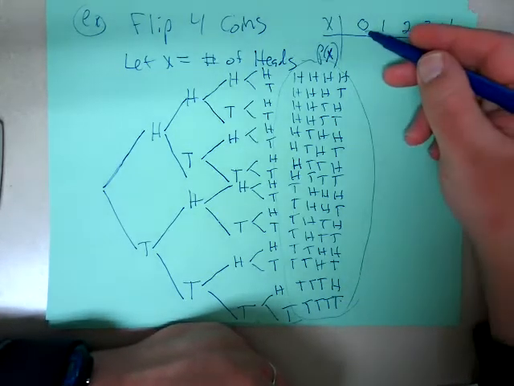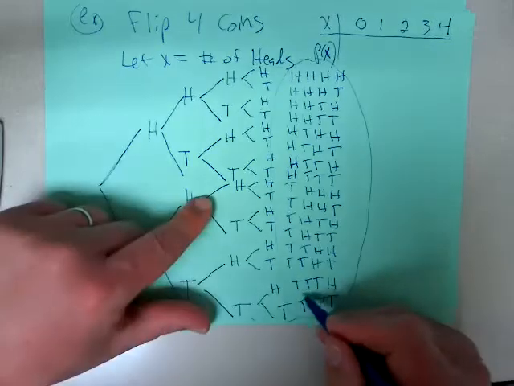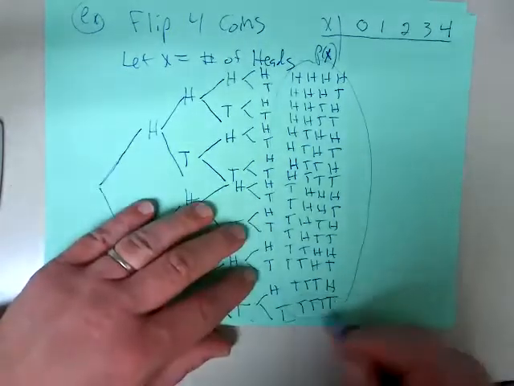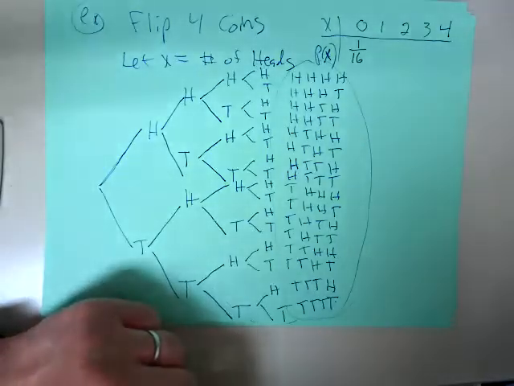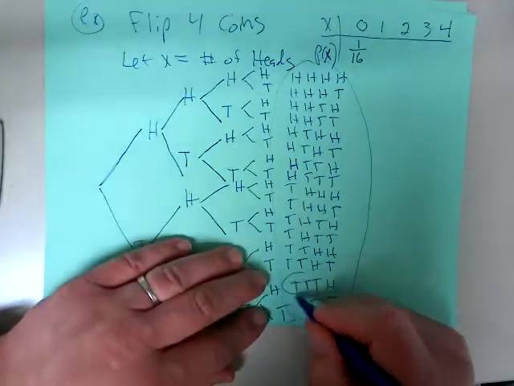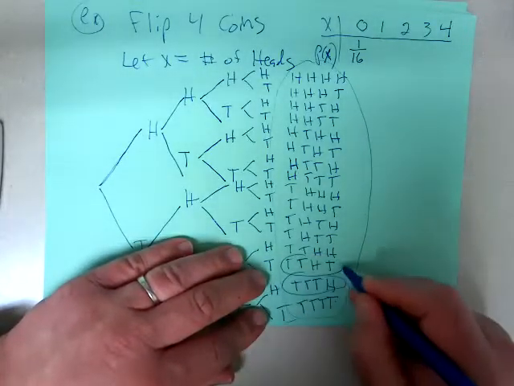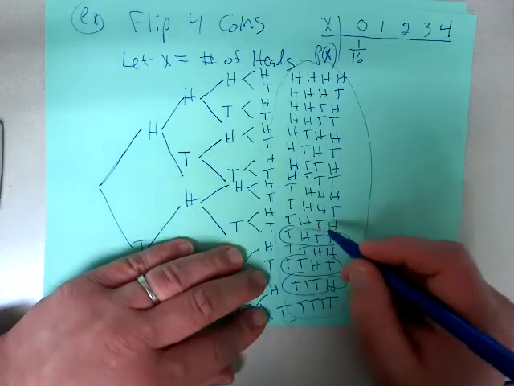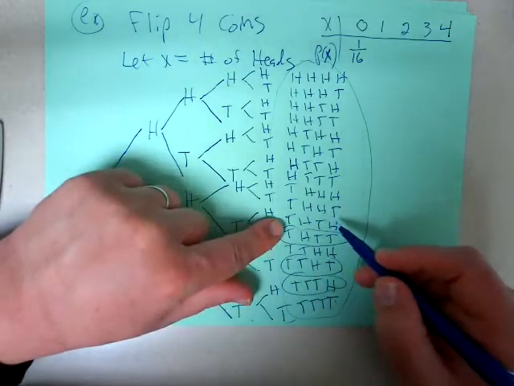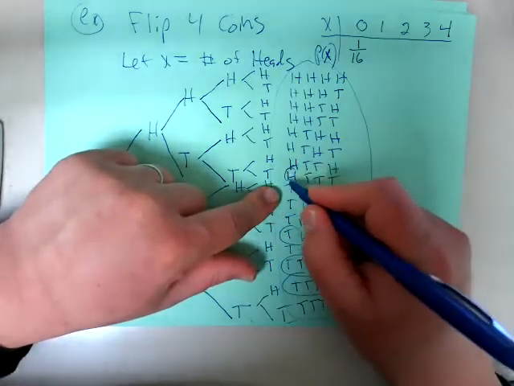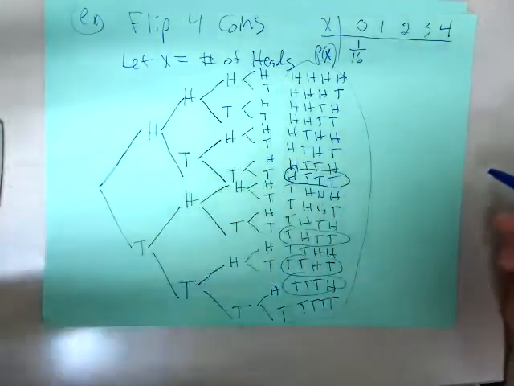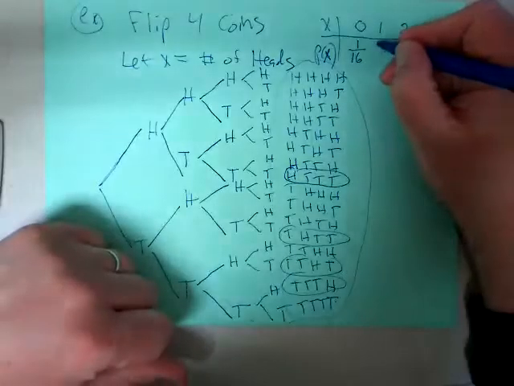Okay, and for no heads, that would be this one down here where they're all tails. So there would be 1 out of 16. For one head, this would be 1, this would be 1, this would be 1, and then I think there's one more, and this is 1. So I think there's 4 out of 16.